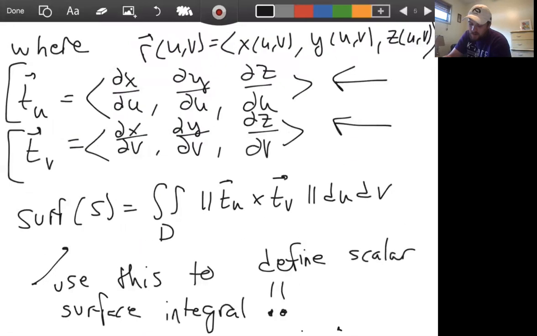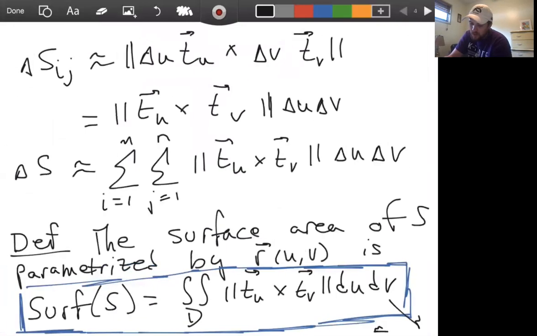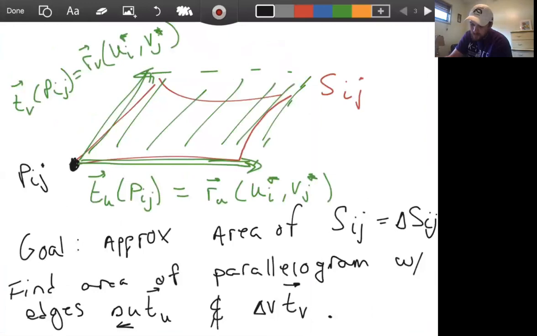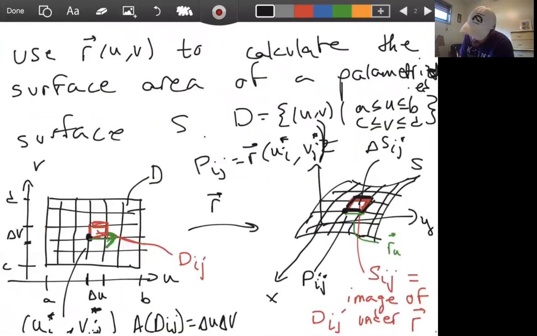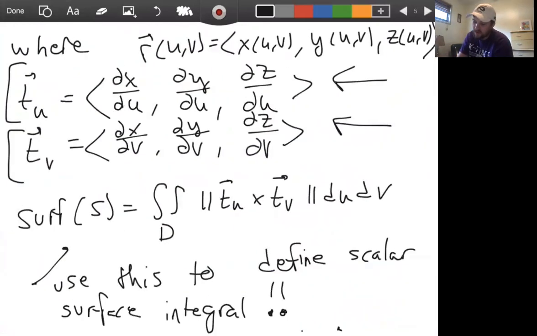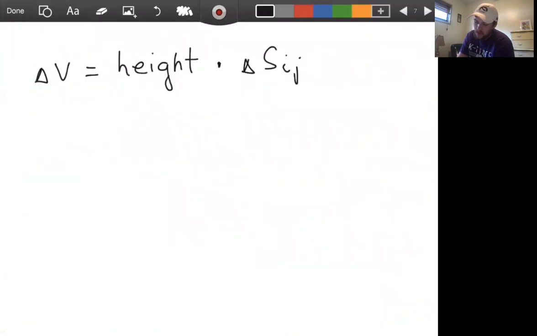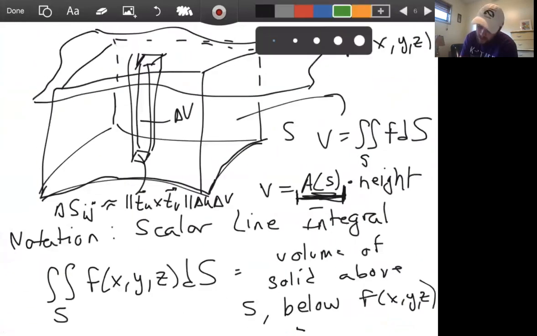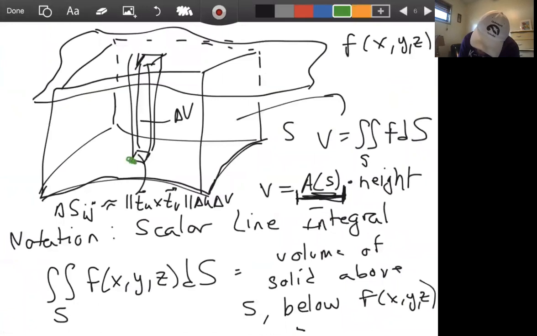Well, we have this point P_ij for every rectangle S_ij. And so the height can be given by looking at the function at P_ij. The height is f of P_ij.